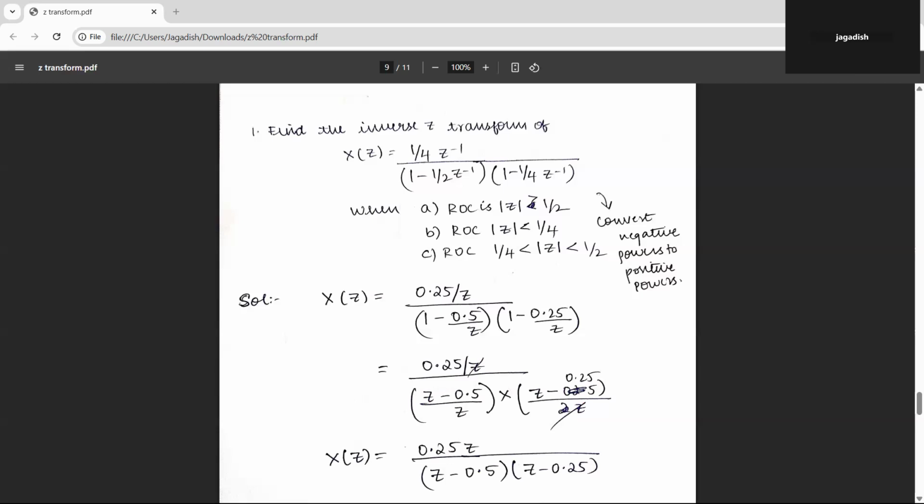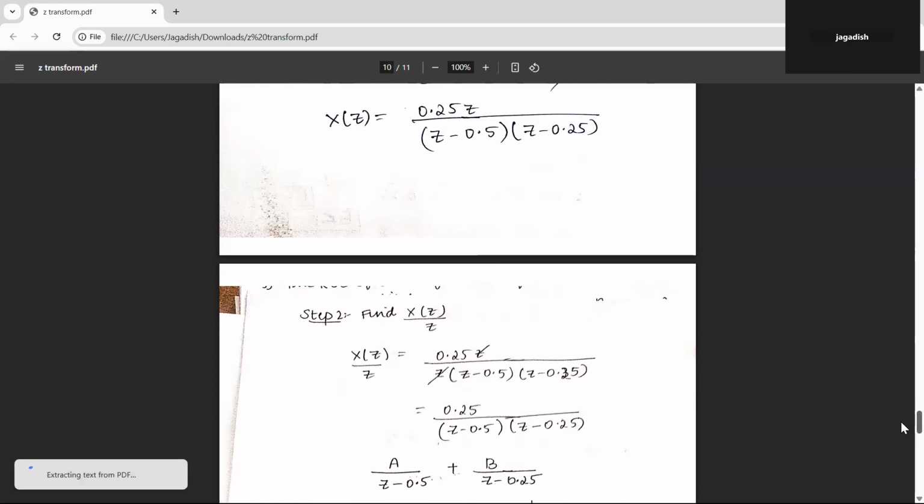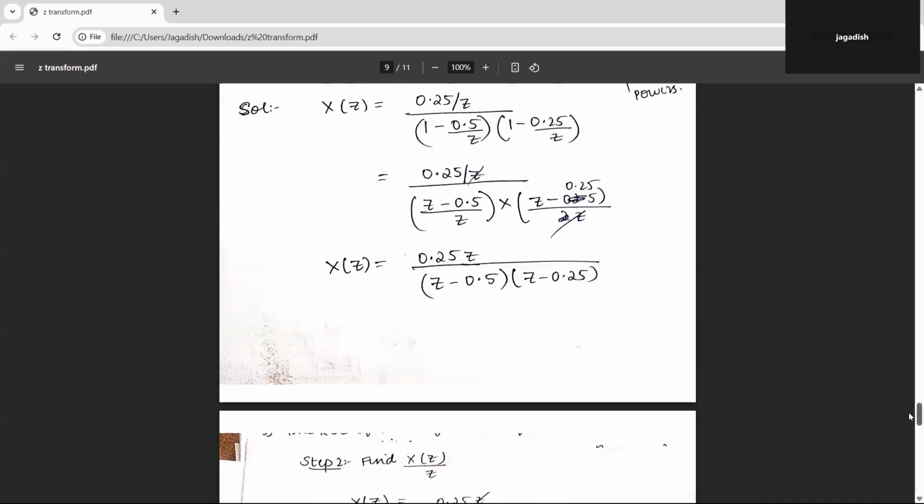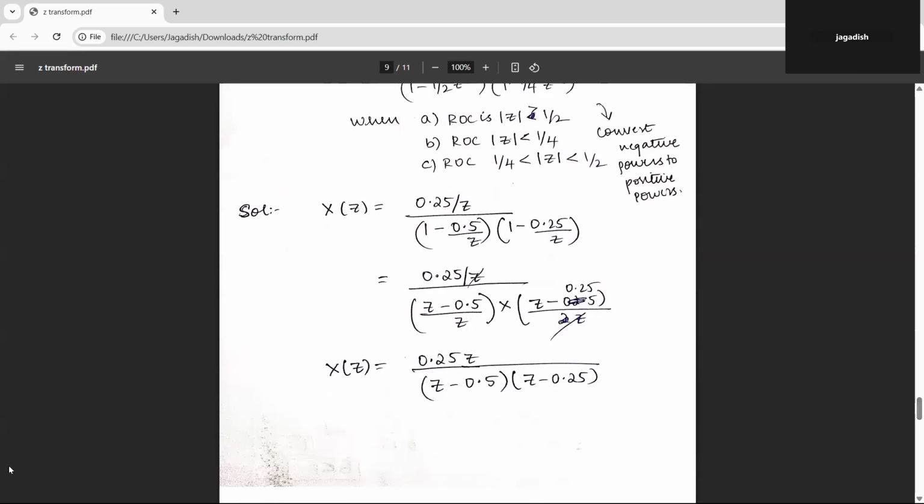Next, step 2. What you have to do in step 1, I will again repeat. In step 1, you convert the negative Z inverse to positive Z inverse, so I divide by Z, and convert all the fractions into decimal values.